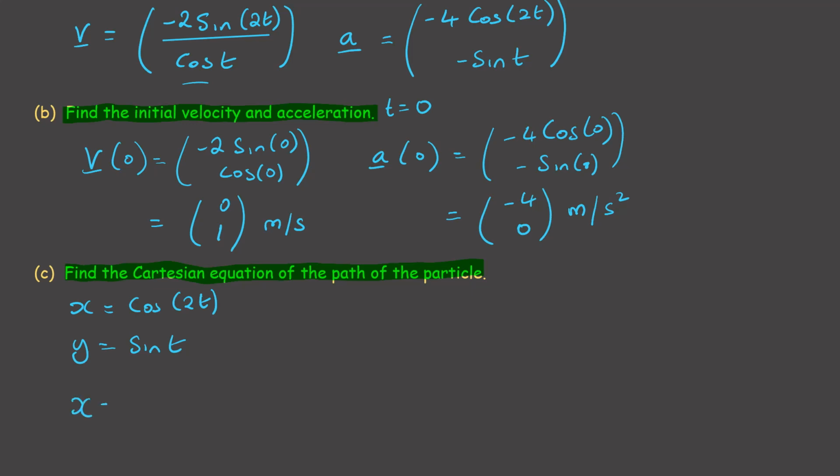So, using one of our trigonometric identities for cosine, that is going to be 1 minus 2 sine squared t, which means that x is equal to 1 minus 2y squared, or 2y squared is equal to 1 minus x.